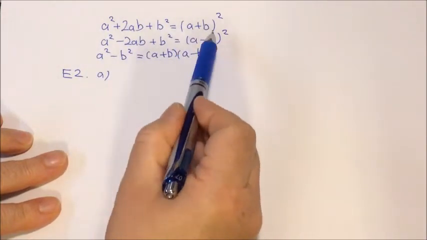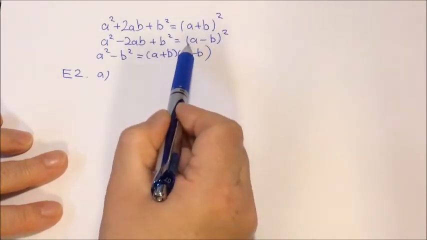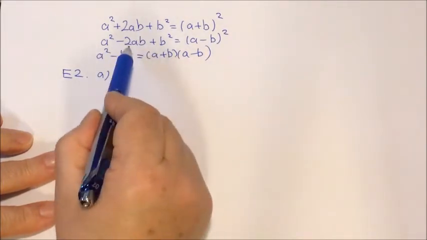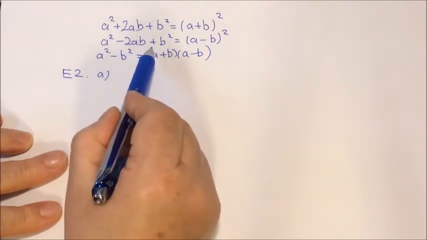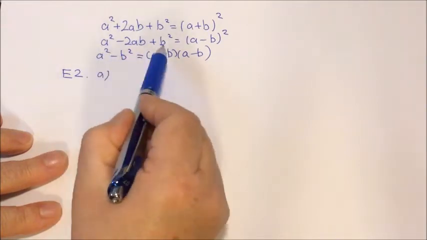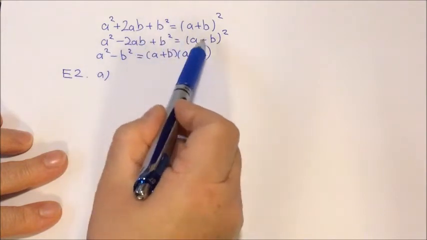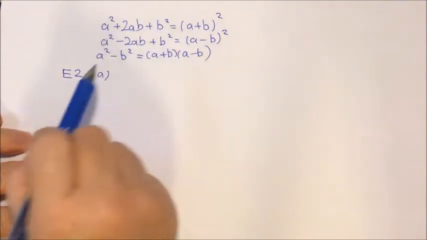In the same way, if you expand (a minus b) squared, you get a squared minus 2ab plus b squared. And if a polynomial is of this form, you can factorize it this way.